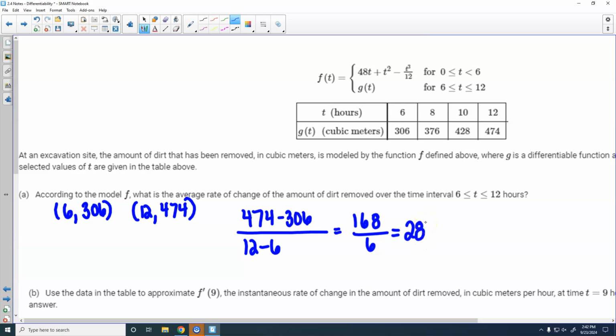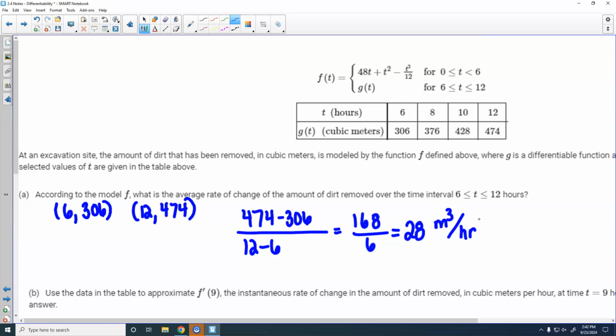This question has units, so we want to include units with our answers. What would our units be? 28 what? Cubic meters. So meters cubed per hour, because it's your change in y, which is cubic meters, over your change in x, which is hours.